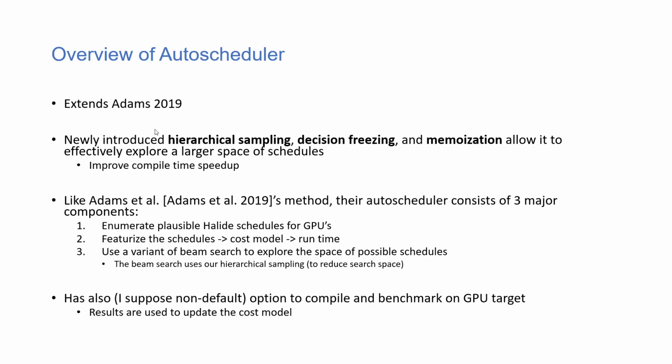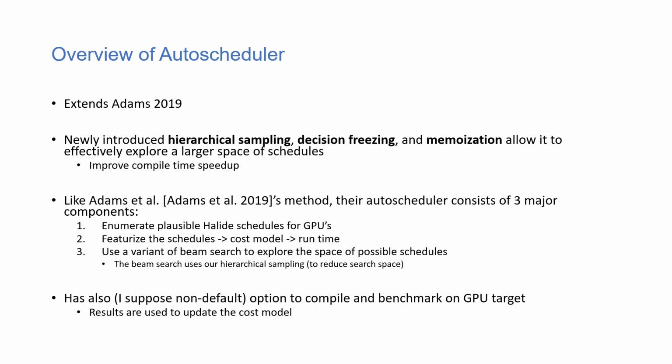Now we're going to talk about the autoscheduler in this paper. As mentioned before, it extends the Adams 2019 autoscheduler, and the three main improvements are hierarchical sampling, decision freezing, and memoization to allow exploring the larger space more effectively, improving compile time speedup. It also inherits from the Adams autoscheduler the three major components of enumerating plausible Halide schedules for GPU.